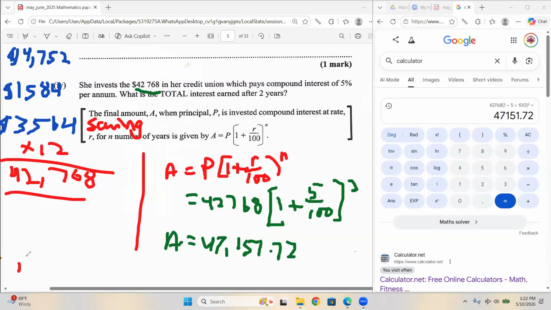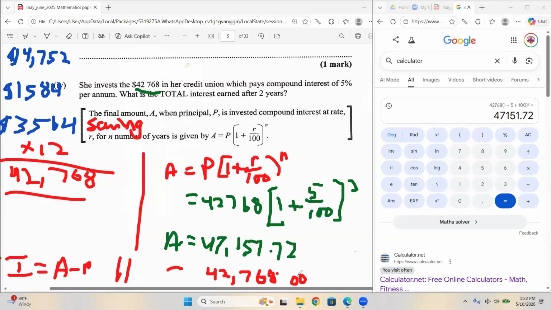Now to find the interest that it would have accumulated, we have to take the amount and take away the principal. So the amount is right here, $47,151.72, and we're taking away the principal amount of 42,768.